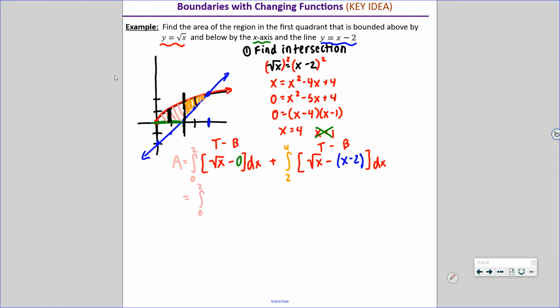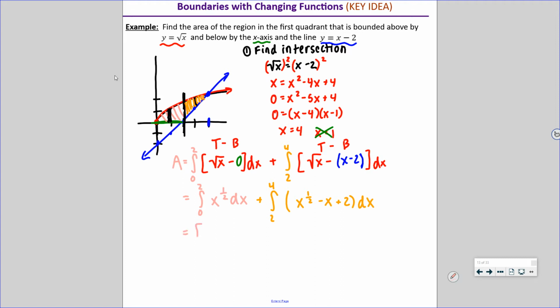So here, square root of x minus 0 is obviously just square root of x. I'm going to rewrite it as a power. Orange. Let's go x to the 1/2 minus x plus 2 dx. This is looking good. Let's go ahead and find our antiderivatives, and then I'll give you the answer here.